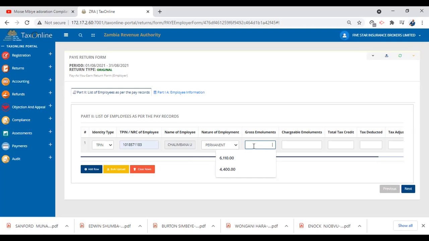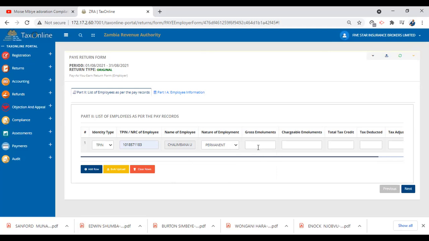So before you even prepare this, you use our tax calculator on our website. We shall go to it. And then you calculate. Perhaps if we are to go there, just hold on. Anyway, we'll go there later.